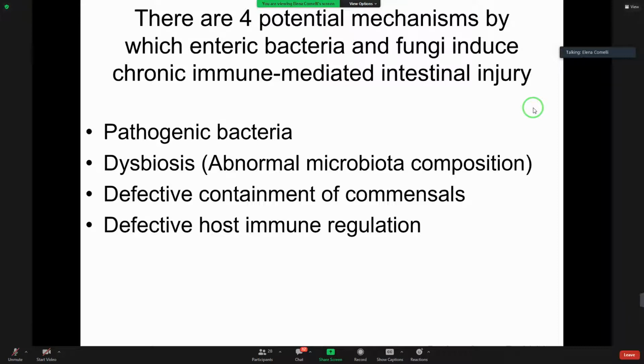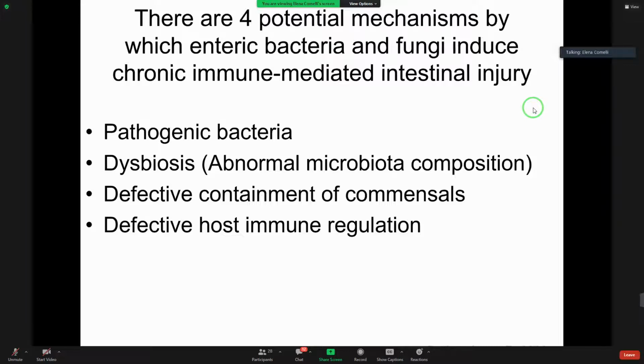Okay, so this is what the host has available in order to maintain homeostasis and this situation of equilibrium when there is no inflammatory response to the bacteria in the lumen, either commensal or exogenous that may be ingested. So which are the 4 potential mechanisms, on the other hand, by which dysenteric bacteria and fungi can induce chronic immune-mediated intestinal injury?